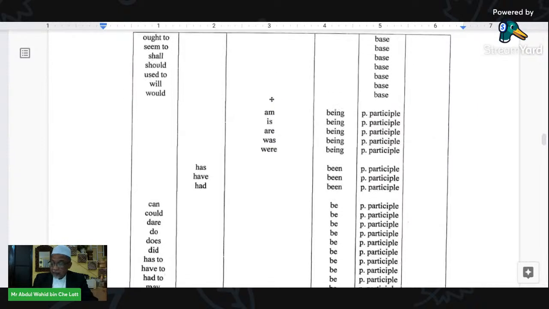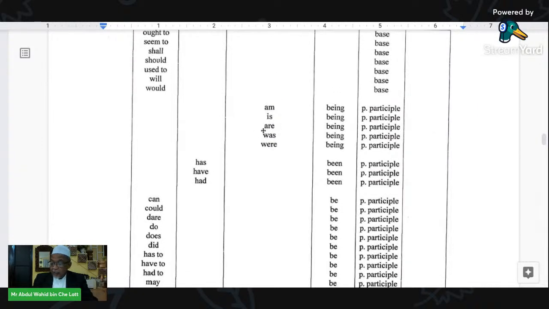So it's are in column 3. So you have being in column 2 and participle form in column 1. So therefore, the verb phrase will be are being detained. So Saleh and Dola are being detained for illegal racing.